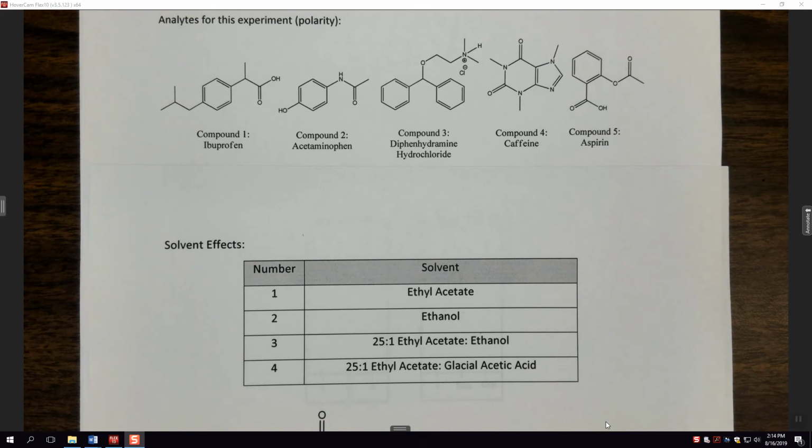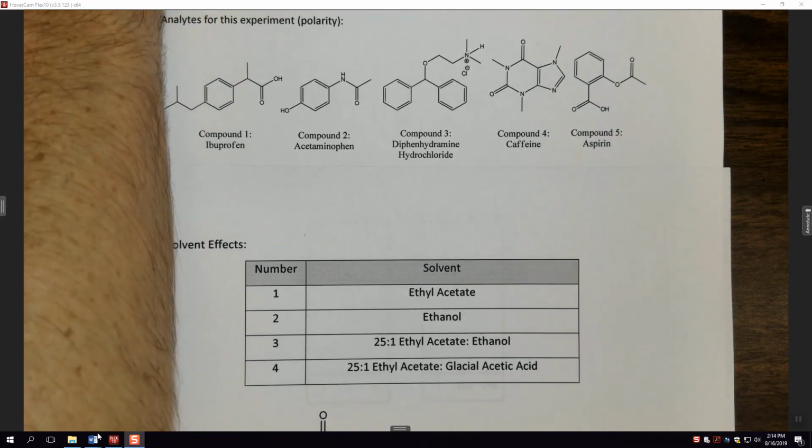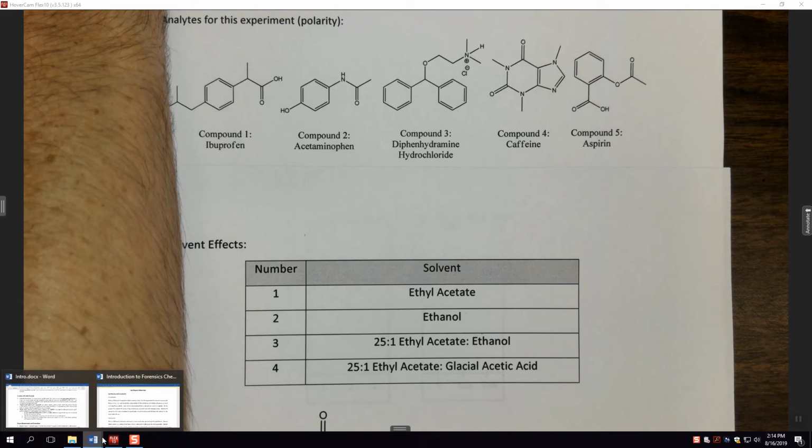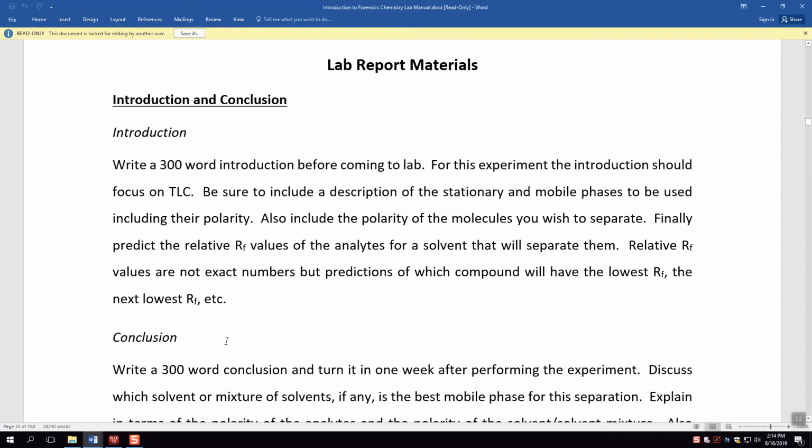I do appreciate watching the video. I hope I was able to give you some information about the pre-lab, and specifically the introduction part. I would like to point out that in this case, it asks you to predict, okay, the relative RF values of the analytes for a solvent that will separate them.